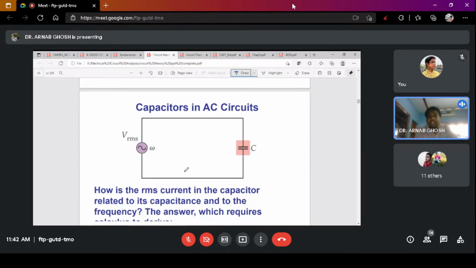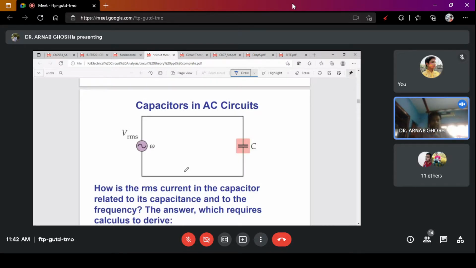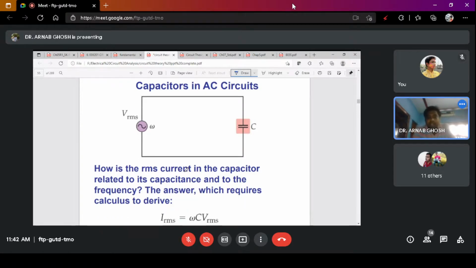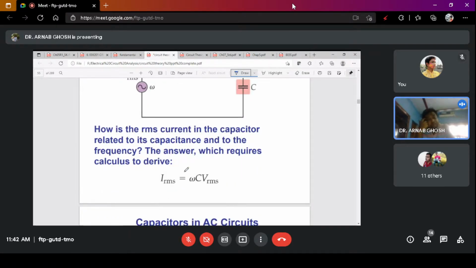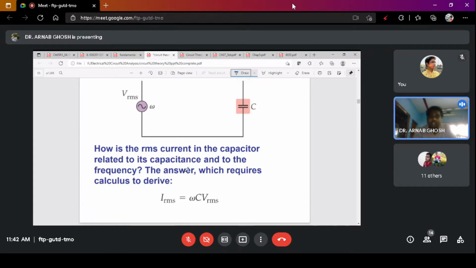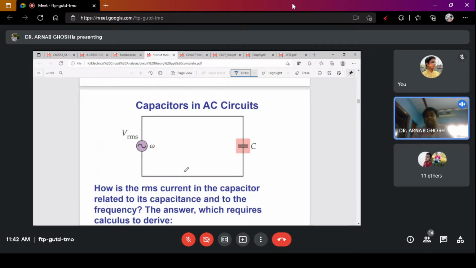Right. So next we move on to the capacitors. When I am talking about the capacitors, just tell me what do you mean by the capacitive reactance? What is capacitive reactance?